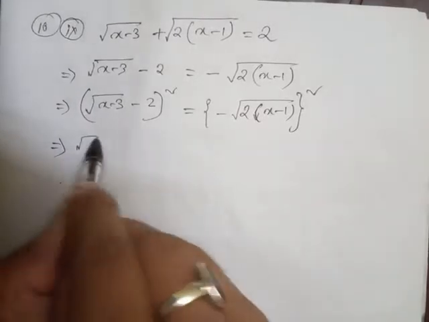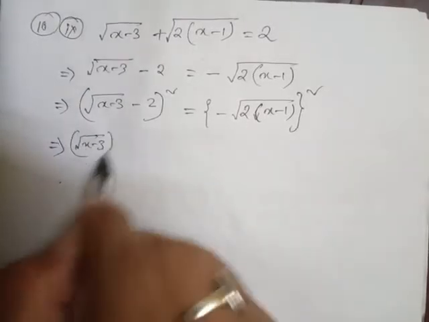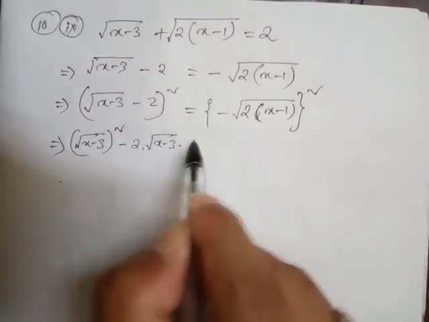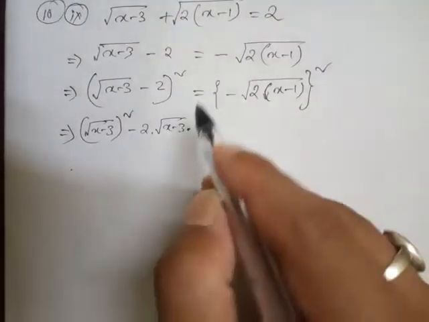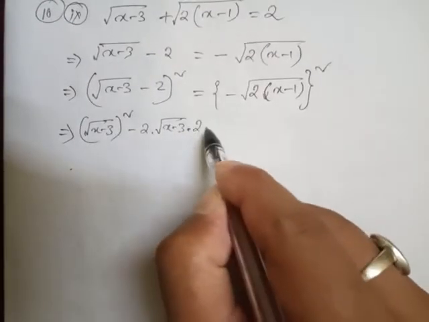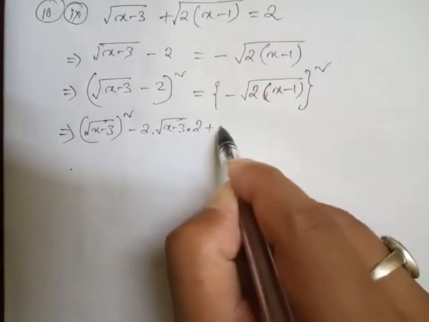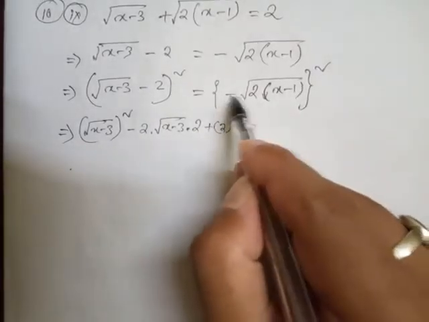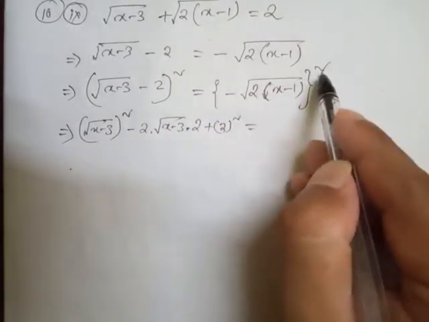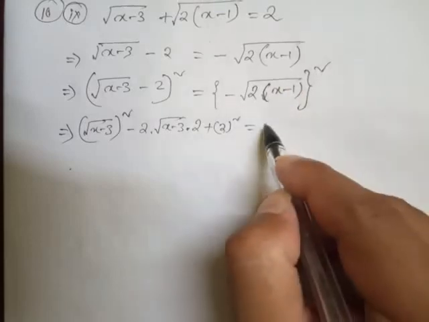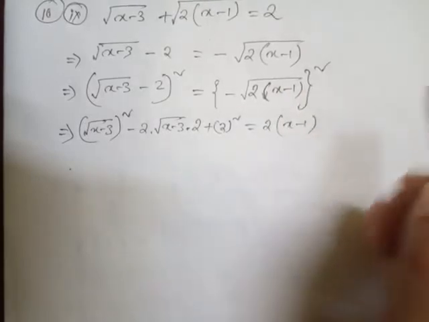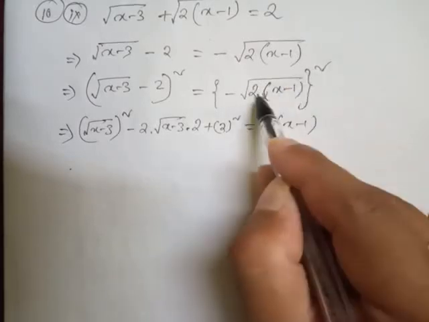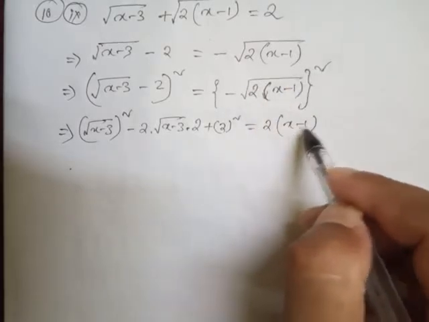Here a square minus twice a into b, twice a b is 2 here, then b square, so this is 2 square. Now look after that, minus square is plus obviously. Now square and root cancel, so remaining part would be 2 into x minus 1. I repeat again, minus square means plus, and square root cancel 2 and minus x minus 1.